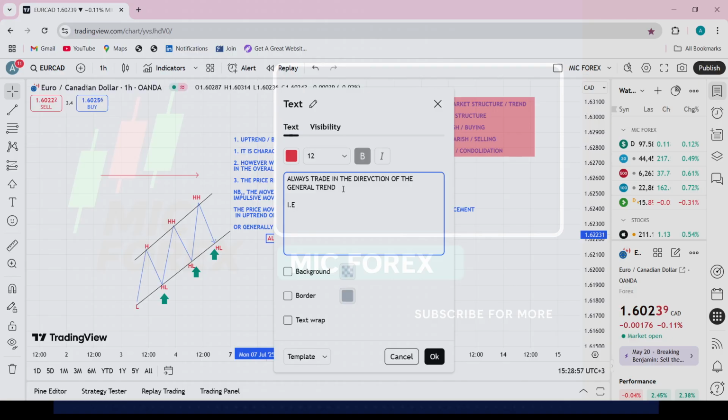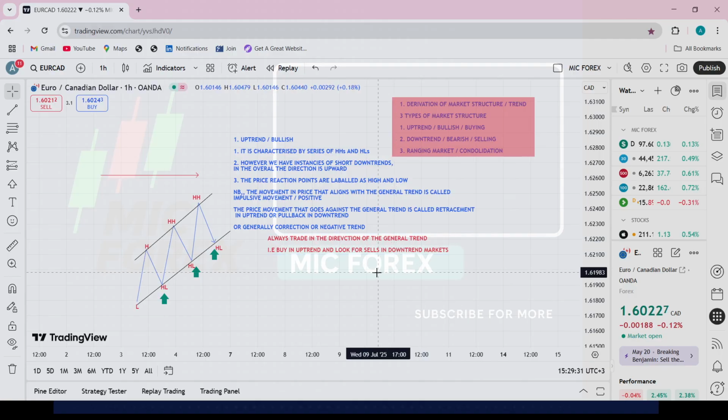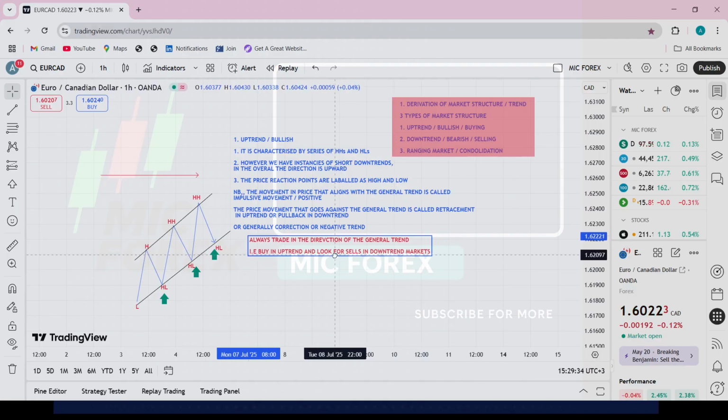I really don't know what this initial stands for, but that is to say, buy in a bullish market, buy in an uptrend, and look for sales in downtrend markets. Look for sales in downtrend markets. I think that one is very clear. Doesn't need any more clarification.